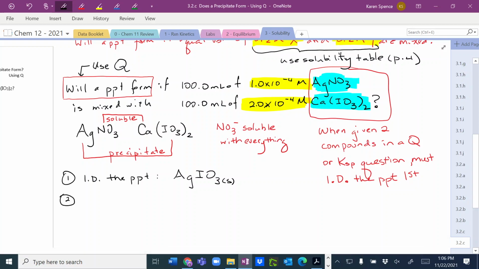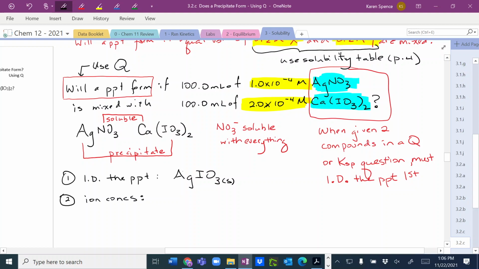Do you guys like finding your ion concentrations first, or do you like writing your Ksp or your Q first? Or do you not care? Don't care? I kind of like finding my ion concentrations first. So because it's silver iodate, I need to find the concentration of silver and the concentration of iodate. So next we're going to find the ion concentrations.